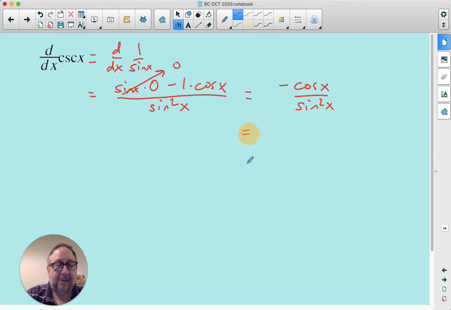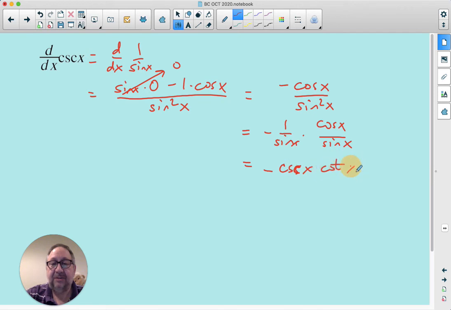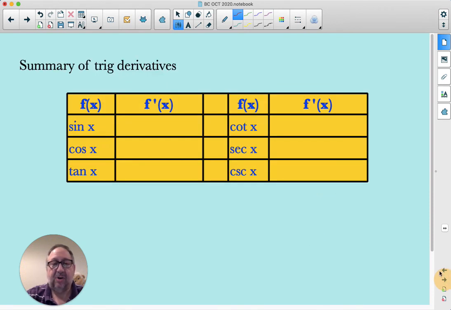Breaking it up the same way we broke it up before, we get a negative 1 over sine and a cosine over sine. Make sure you get that that's true. So this becomes negative cosecant and cotangent. So it's a very similar structure to what we just saw for secant.